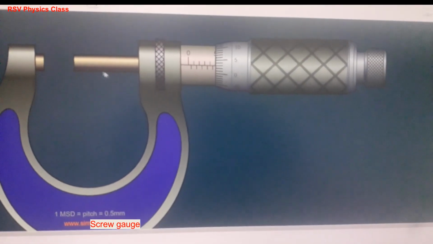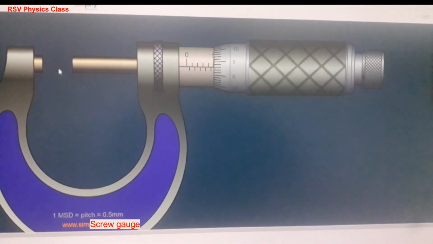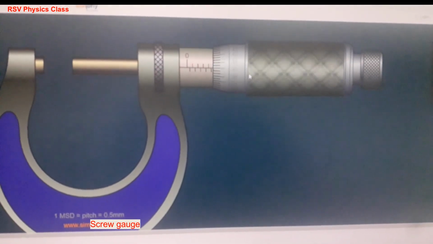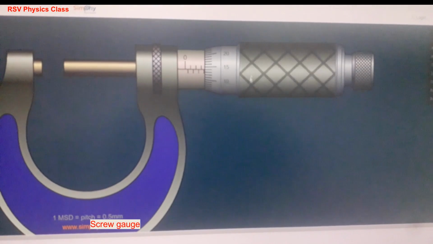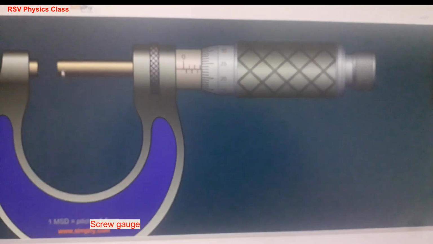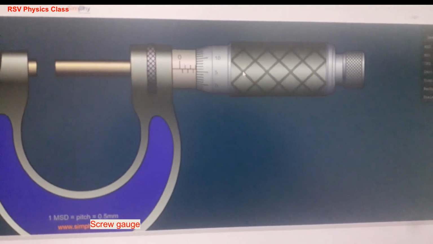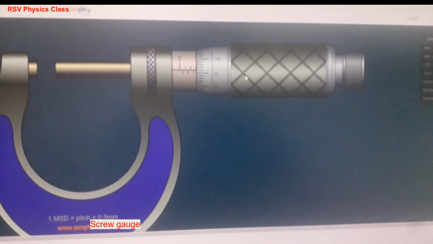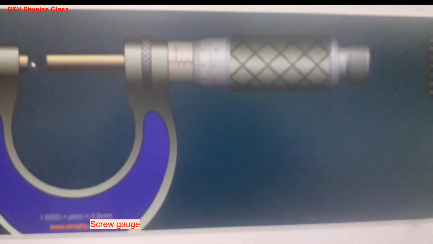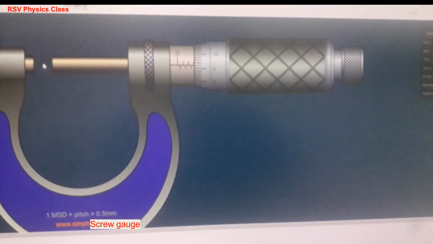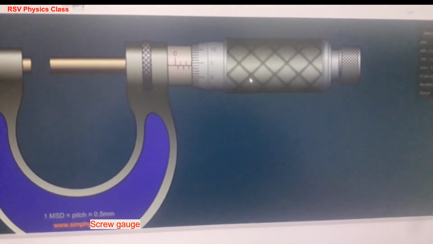Okay. So now you have to put your object here. Then you have to tighten it by moving the screw. Just see, my small object is pressed here, and then by rotating the circular portion you have to tighten it. Then just see what the measurement is. So this is tight. Okay.